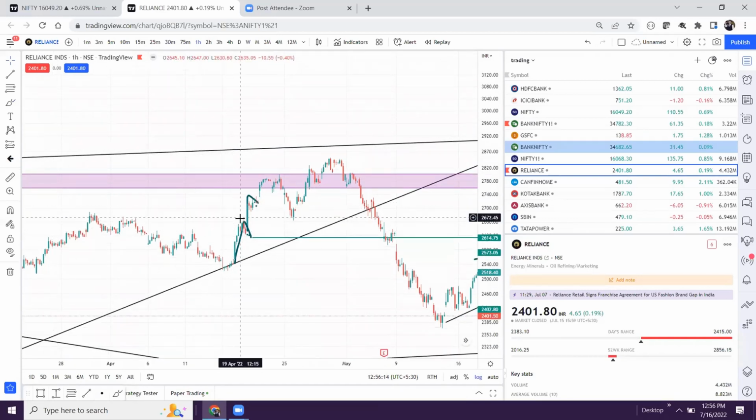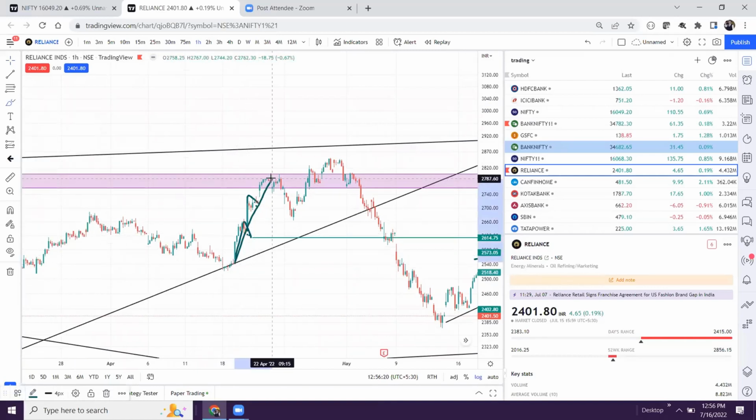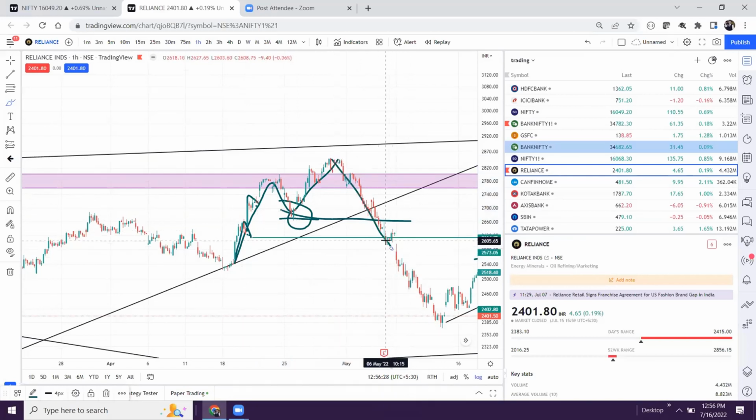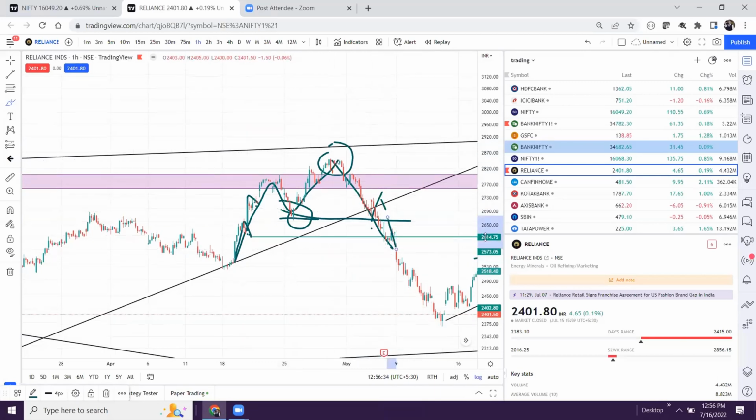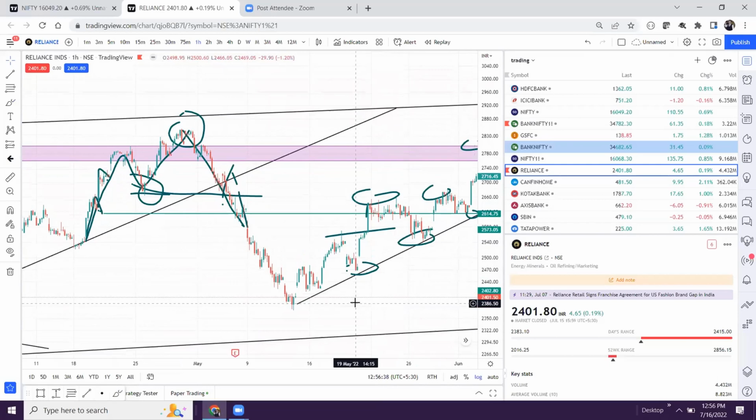This will depend if you are using a 5 to 10 time interval, but on a 1 hour you have to consider like this. This is high, this is low, this is high, and once this trailing stop loss is hit and you again are getting highs that are lower than this, then it confirms our downtrend in this. And let us see how it came.